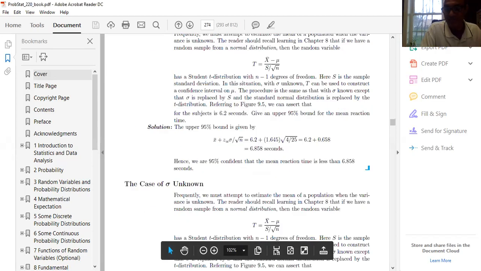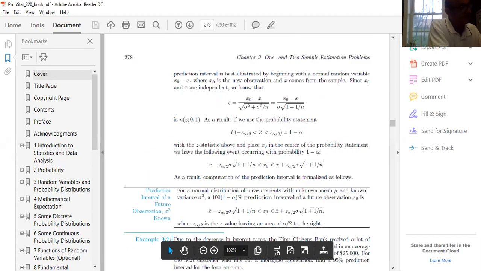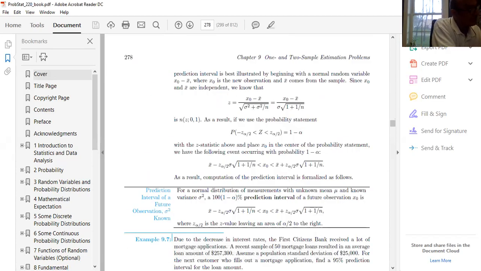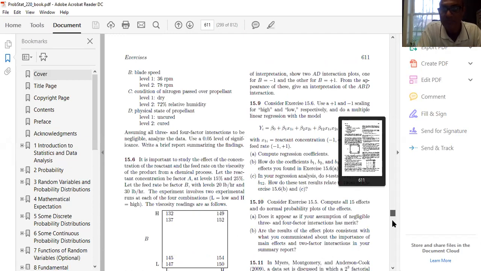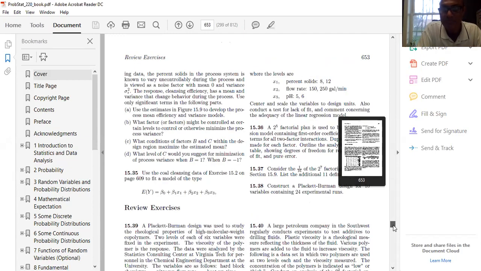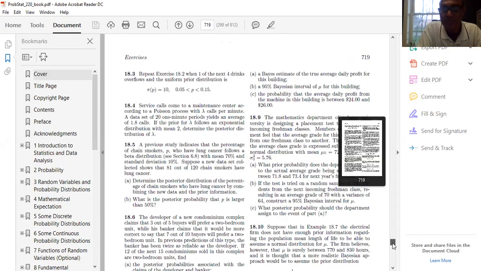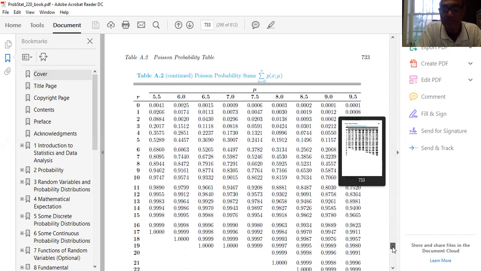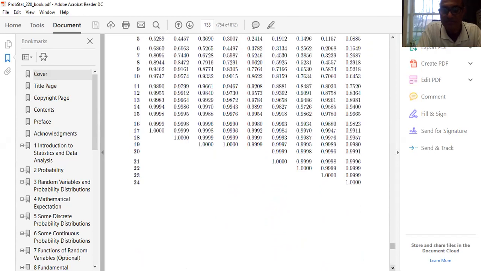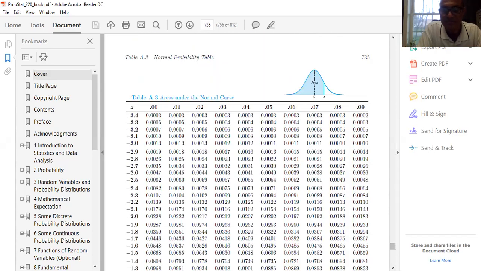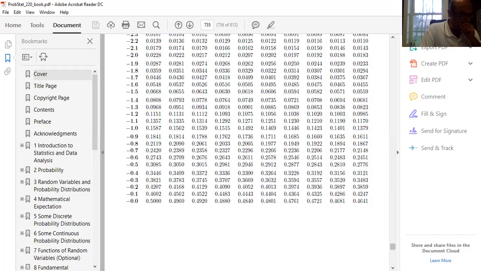Let me take it over here. You can see over here pages 735 and 736, my value was 0.975.